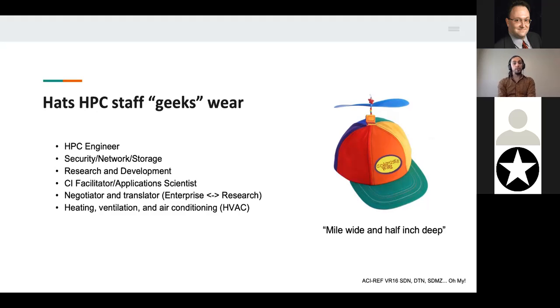They also negotiate and translate, because you would end up going to vendors to talk to them, to spec the next systems that you would want to buy based on your understanding when you talk to your researchers. So say that you have a condo model where you have a few different designs.